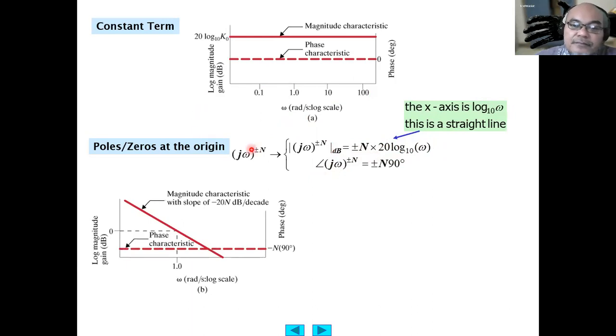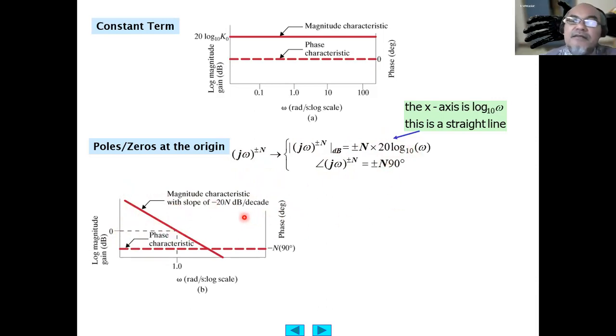If it is positive, it increases with a positive slope, but if it is negative, it decreases with a negative slope. When dealing with a pole or zero at the origin, the magnitude characteristic changes with a slope of 20 times n decibels per decade.